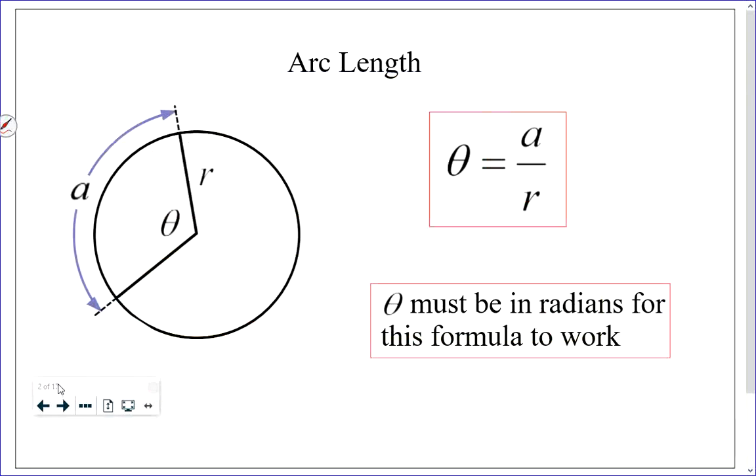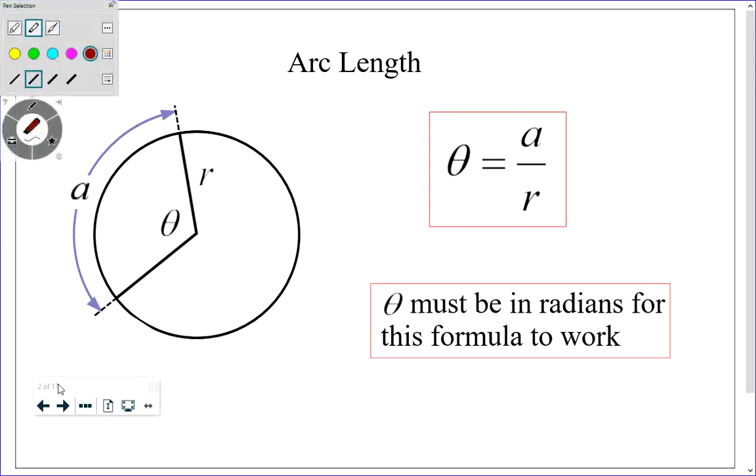Arc length. I know that it's very likely a couple of you will forget this, so I will try to highlight it, physically and verbally. Theta must be in radians.